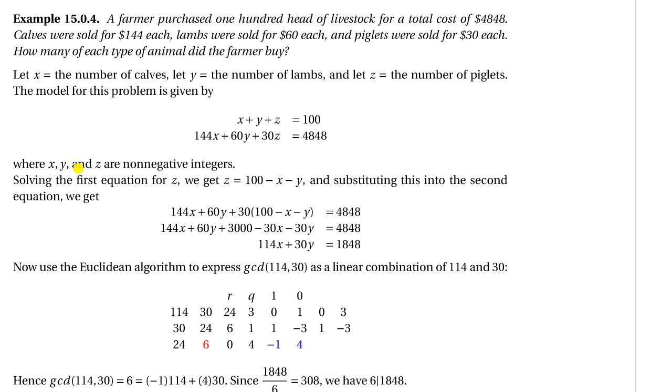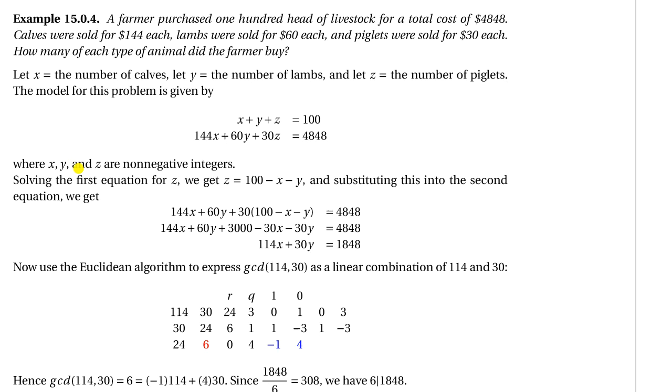It says a farmer purchased 100 head of livestock for a total of 4,848, and each cow sold for 145, lamb sold for 60 each, and piglets for 30, right? So how many of each type of animal did the farmer actually buy, right? So that's the kind of question.